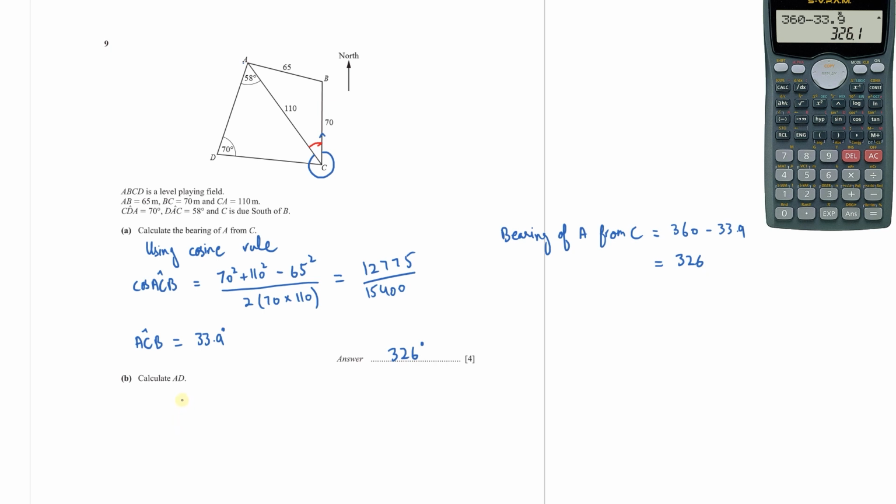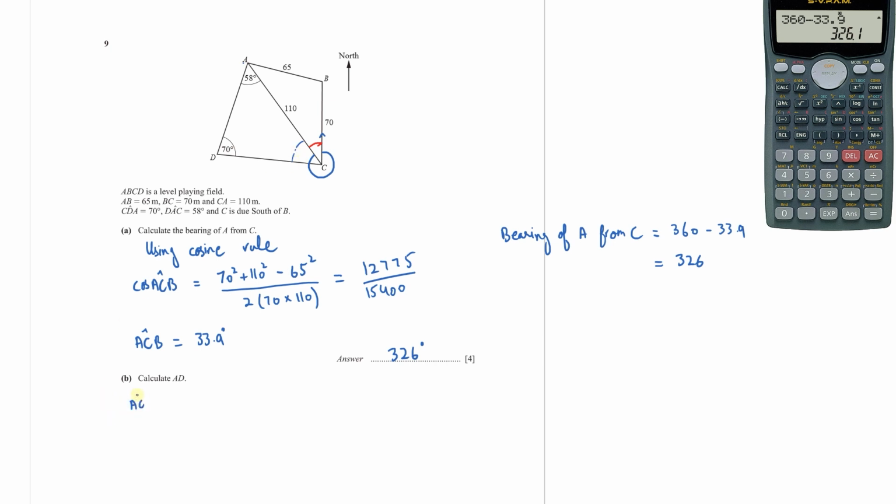The next part is calculate AD. So AD is this length. In this triangle, you know these two angles, and you also know this side, which is 110. I don't know this angle here. So I can calculate this angle first and then use the sine rule. Let's first calculate this angle ACD.